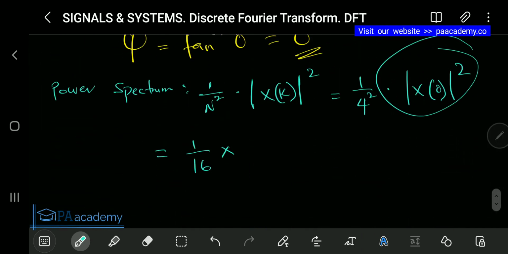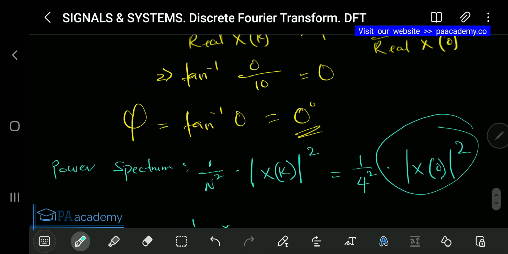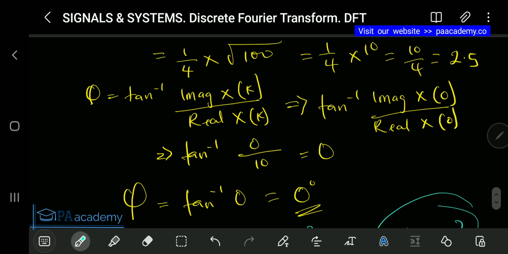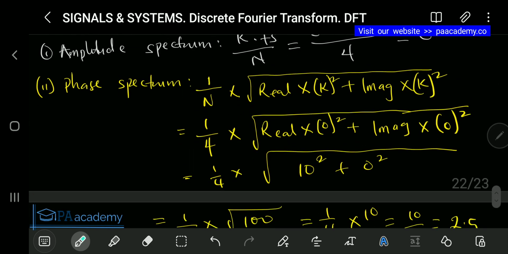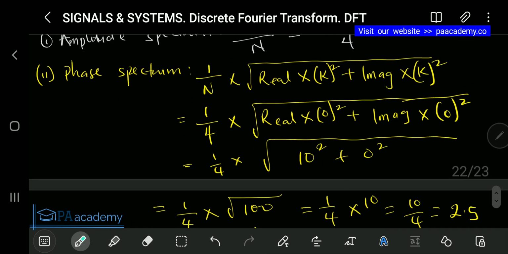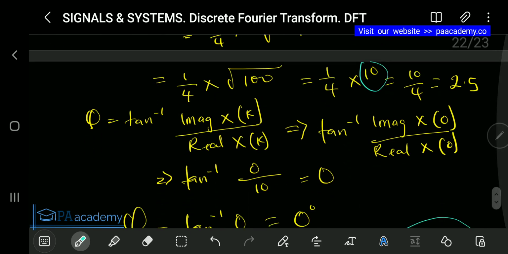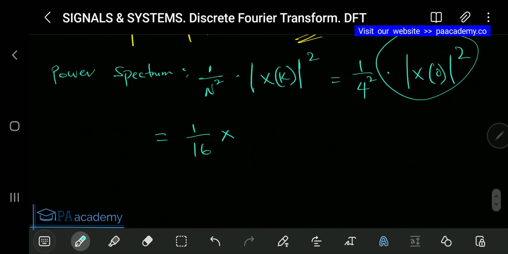So now let's go back to our x of k. When we're calculating our phase spectrum, we got our x of k. When k is 0, we've got it to be 10. Exactly. So we can just bring it here to be 10 square, and that's equals to 1 over 16 times 100.